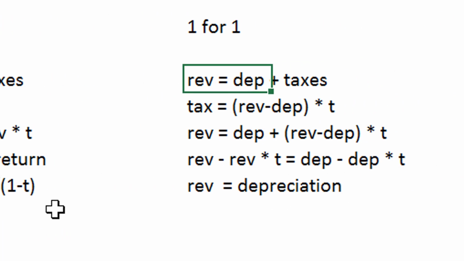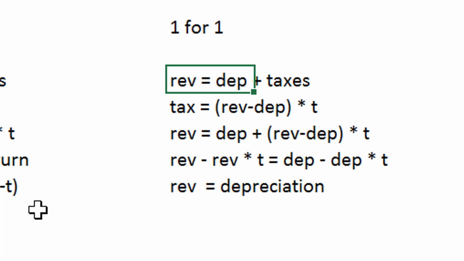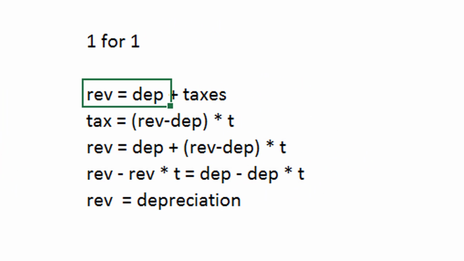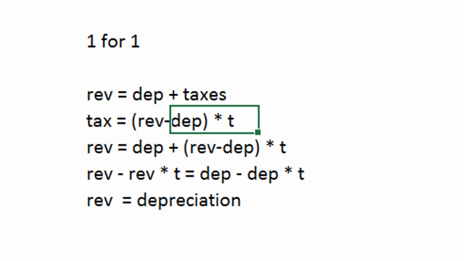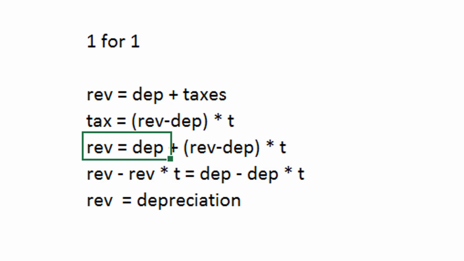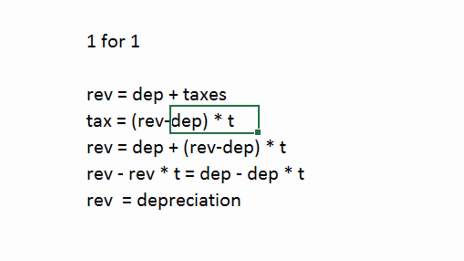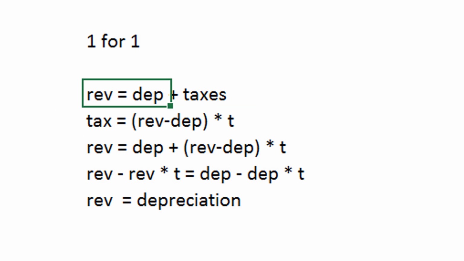Now, if you have something like depreciation, the difference is when you have the taxes, you subtract the depreciation for the taxes. There's a deduction. And then you plug it back in, but this time the taxes, instead of the revenues times the taxes, are the revenues minus the depreciation times the taxes.